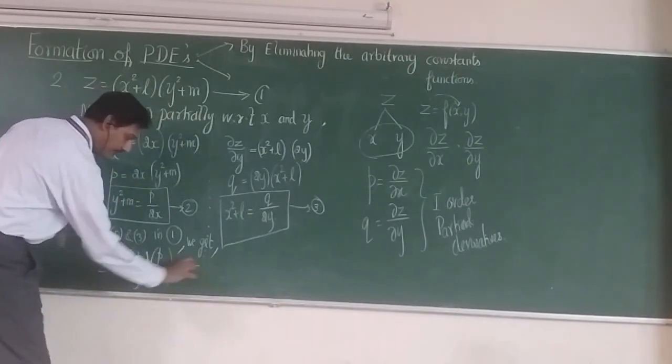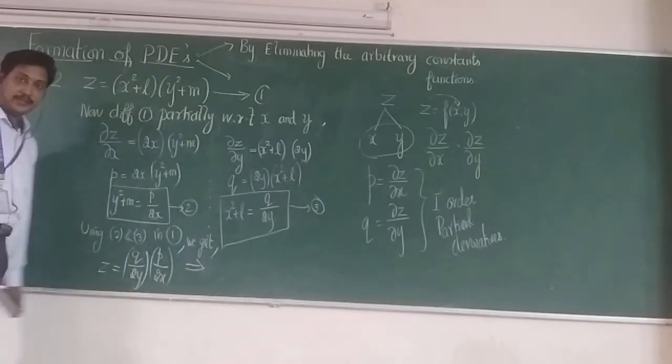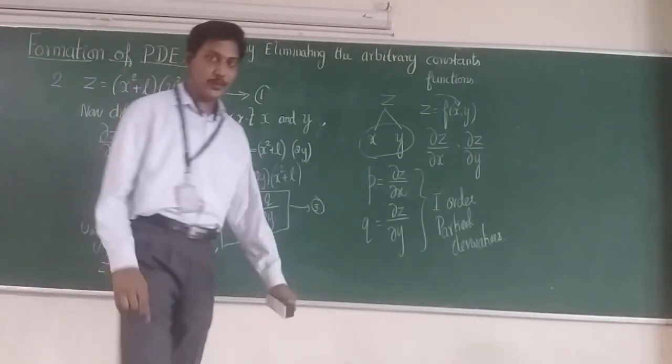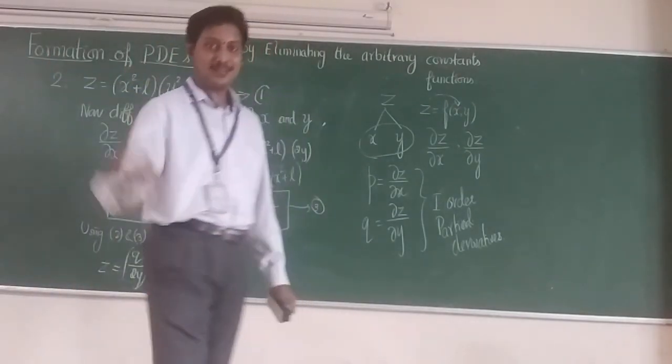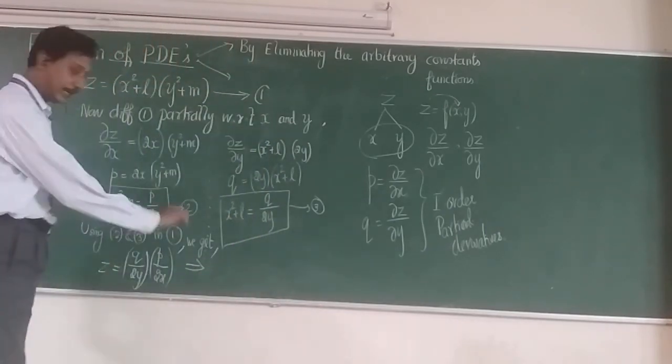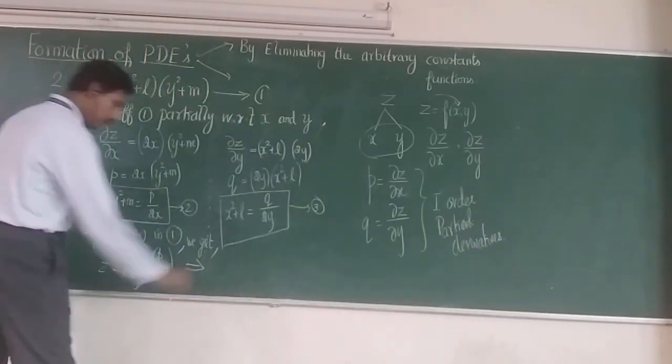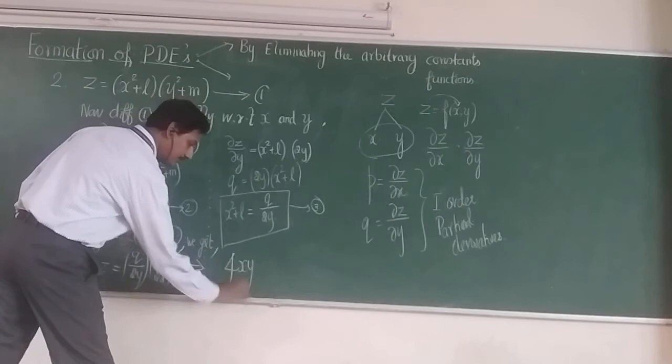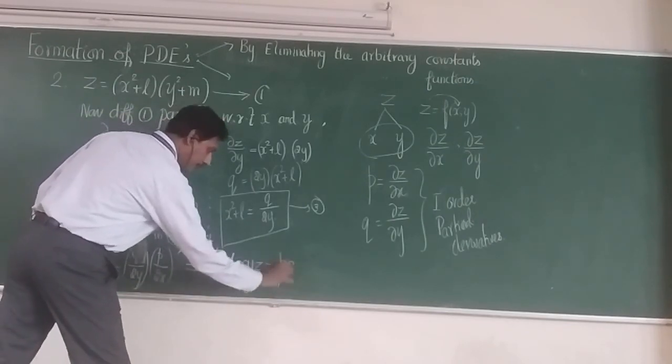So let us simplify this. The denominator side is 2y into 2x, that is 4xy. Let us cross multiply it from the right hand side to the left hand side, which gives 4xyz is equal to p into q.